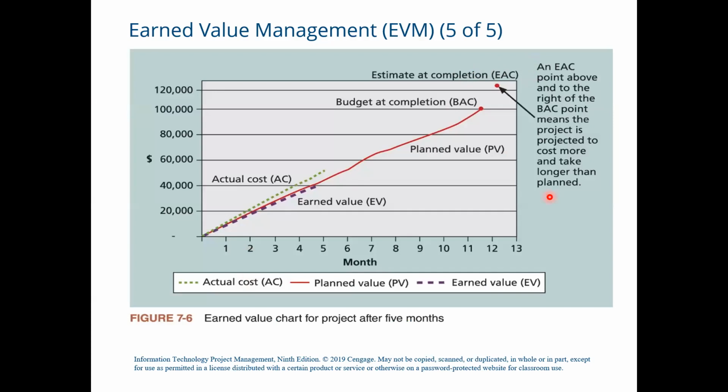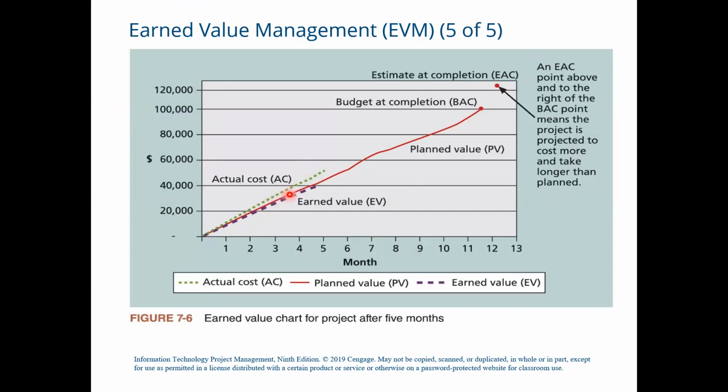Now, this slide is from your book, figure 7.6. It shows an earned value chart for a 1 year project after 5 months. Here you can see the cost is in dollars, and the x-axis shows the time in months.